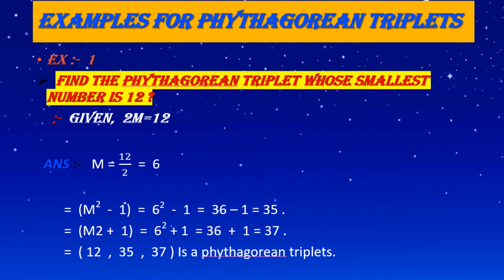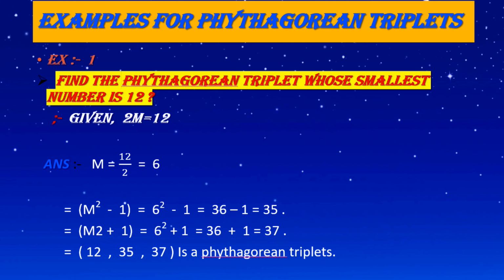2m is equal to 12. This is an equation we should solve. m is equal to 12 divided by 2, which gives 6. Now we apply the formulas. m square minus 1, with m as 6, is 6 into 6, that is 36, minus 1, that is 35. m square plus 1 is 36 plus 1, that is 37.